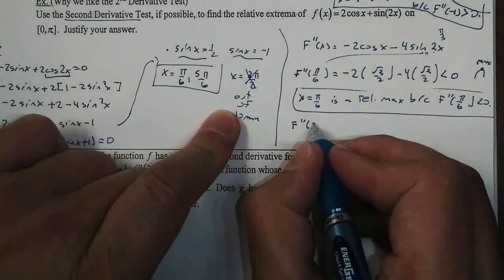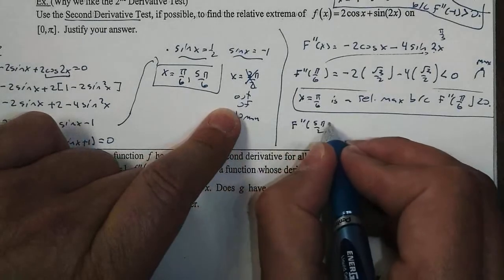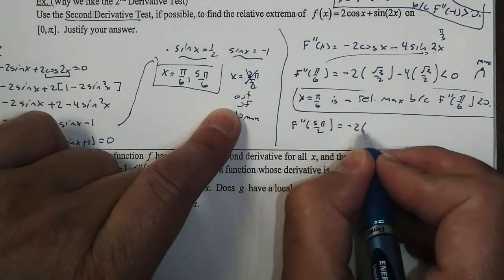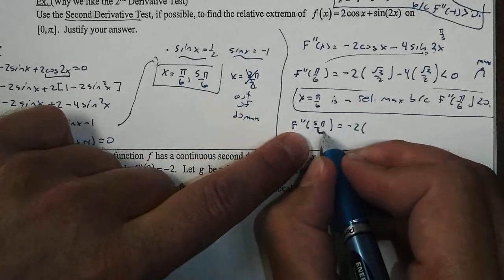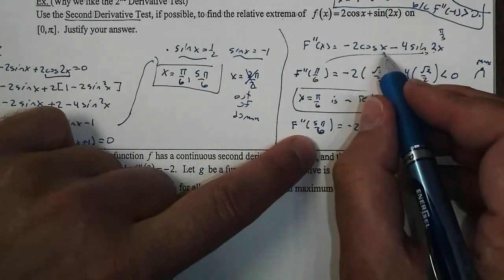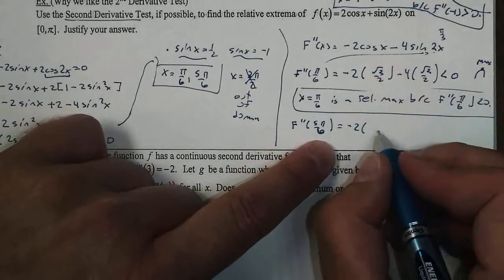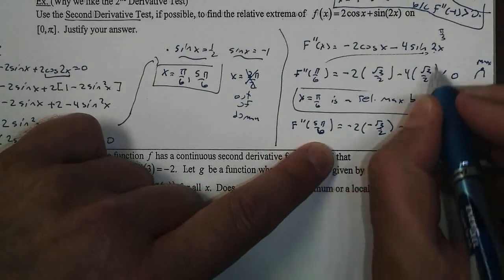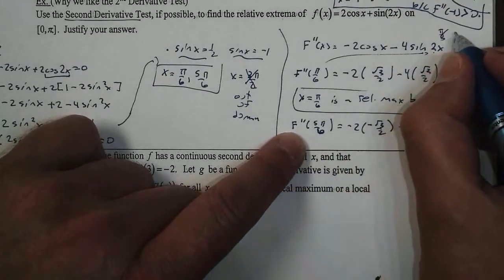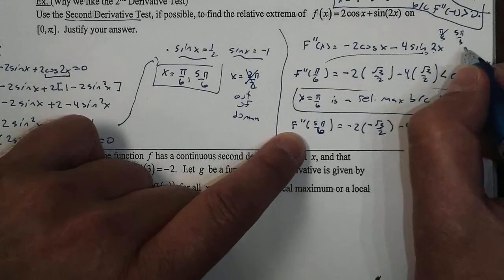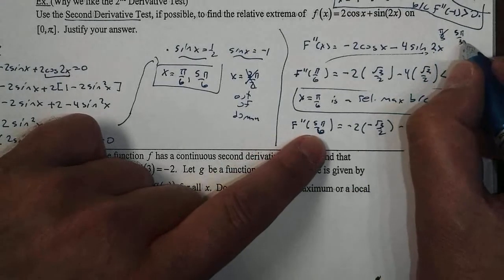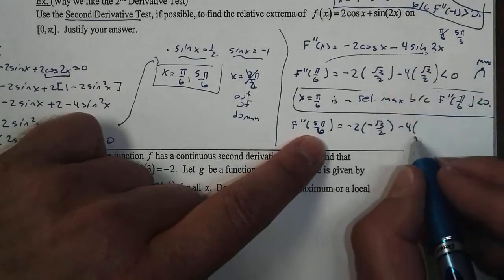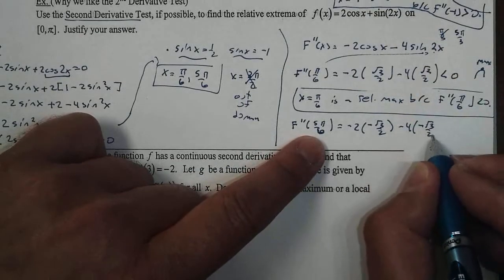Plug in the 5 pi over 6. Let's see what happens. I get negative 2 times the cosine of 5 pi over 6, which is negative root 3 over 2, minus 4. The sine, if I plug it in, becomes 5 pi over 3, which puts me in the fourth quadrant, so sine is negative, so it's another negative root 3 over 2.